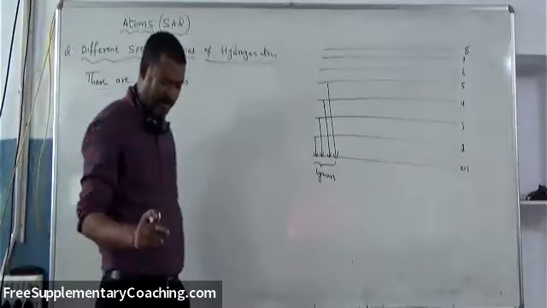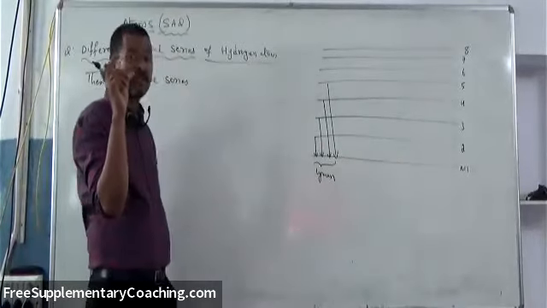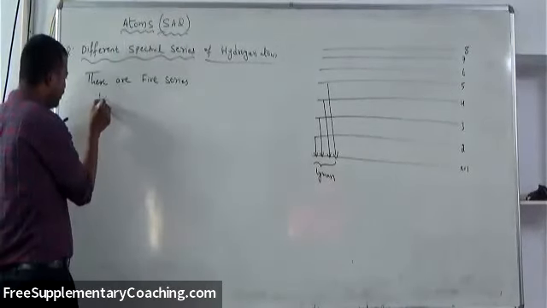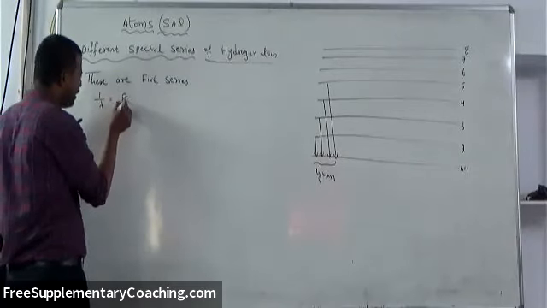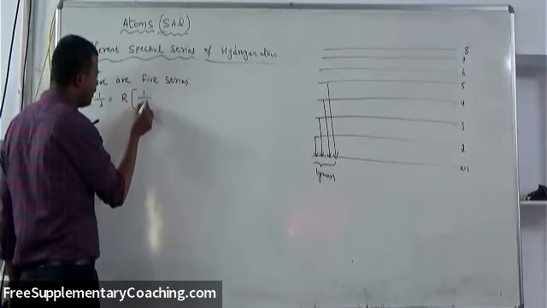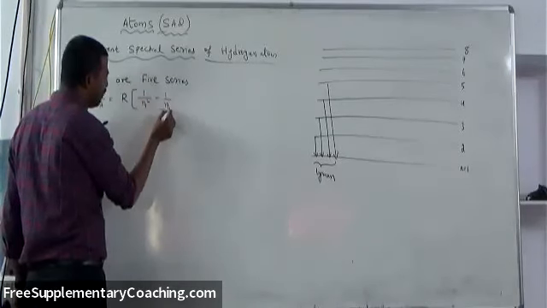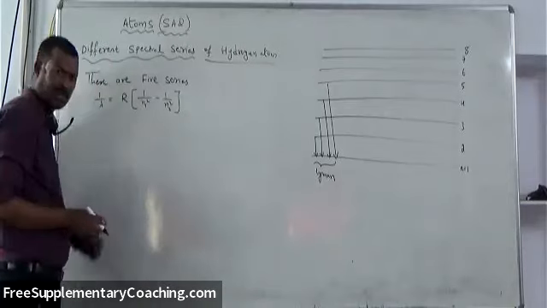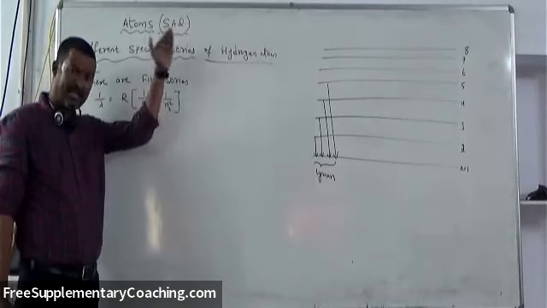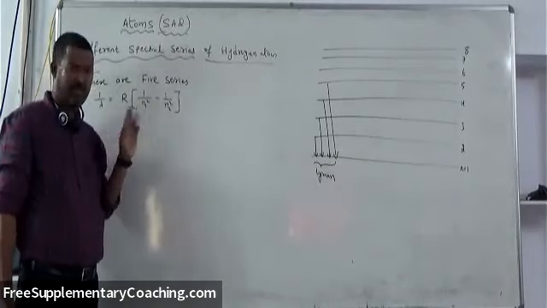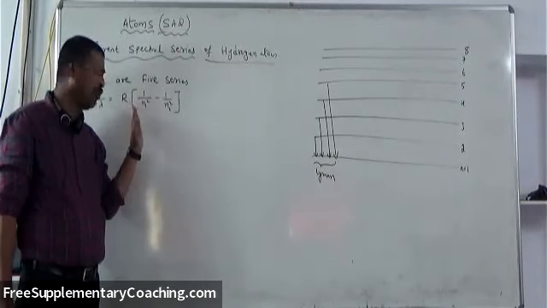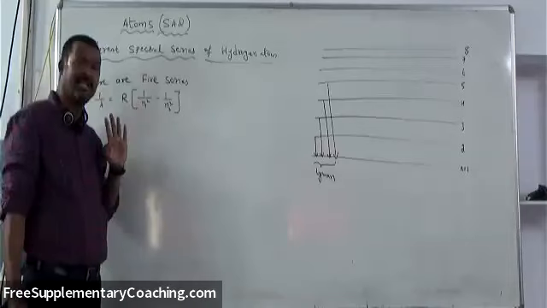For any series or any radiation, we can write the wavelength of the radiation as 1 by lambda equals R, the Rydberg constant, into 1 by n1 square minus 1 by n2 square. N2 is the higher energy level and n1 is the lower energy level. From which orbit it is coming into which orbit: higher to lower. Higher one is n2, lower one is n1.